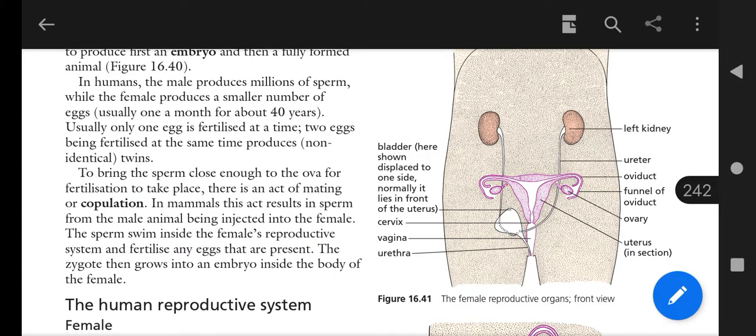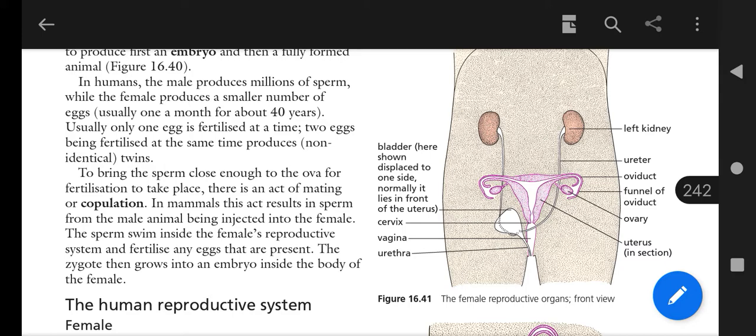To bring the sperm close enough to the ova for fertilization to take place, a process called copulation or mating occurs, in which the male and female reproductive organs are mated for gamete fusion.